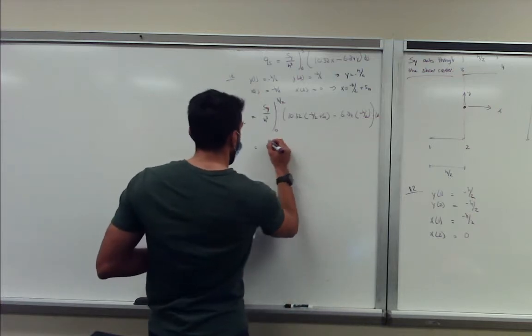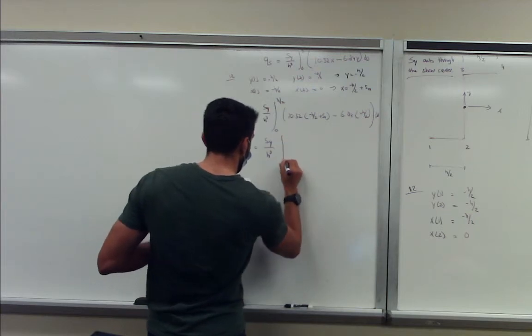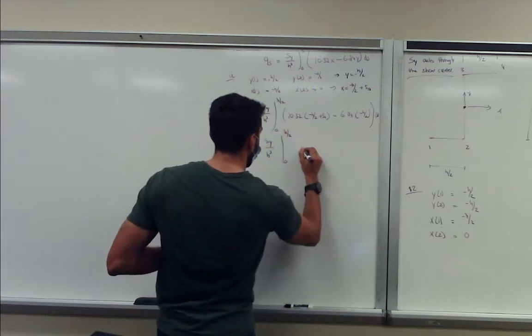Okay, so we get Sy over h cubed, again from 0 to h over 2.